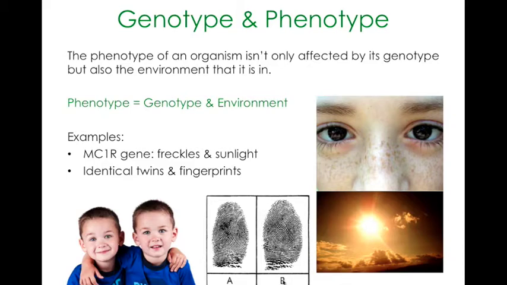And so you can see there, fingerprints are also affected by the environment that it grows up in, changes in nutrient levels, etc. And so the environment plays a role there as well, because they have the same genetics, but these genetics are being affected by the environment that the individuals live in, right? And so genotypes and phenotypes are connected through that. Yeah, this is the key point that you need to be able to understand, that environment plays just as important a role as the genes do, okay?